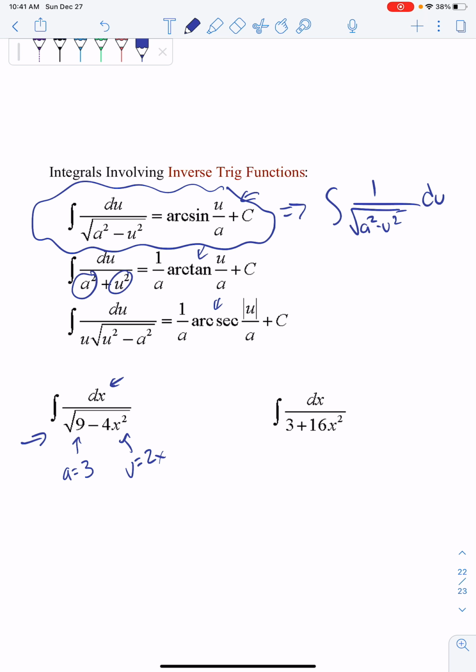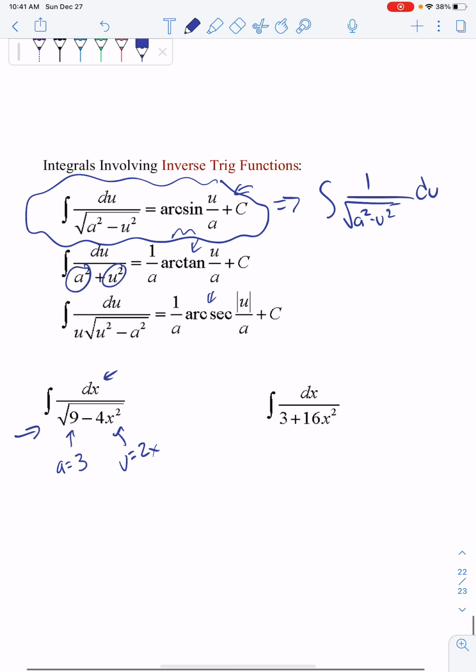So I have an a and a u, and all I have to do is plug them into this nice, wonderful arc sine formula. So my integral becomes arc sine. U goes on top, so 2x is going to go on top. On the bottom is going to be a, which is just 3. And don't forget the plus c, because this is an indefinite integral, right? I don't have bounds on my integral.